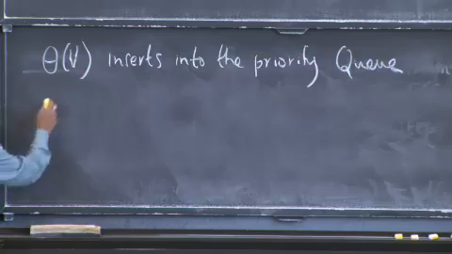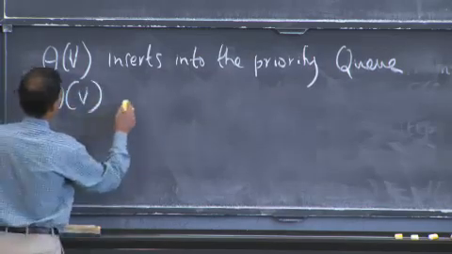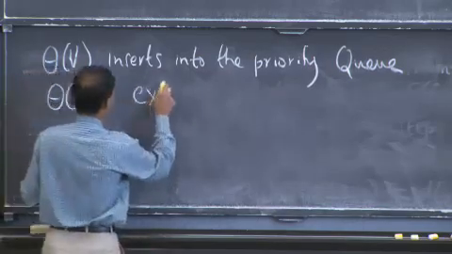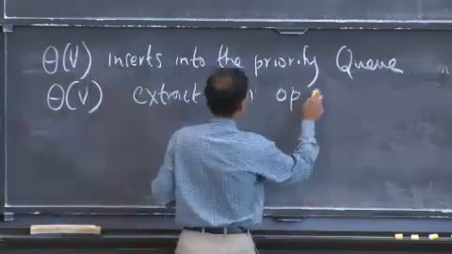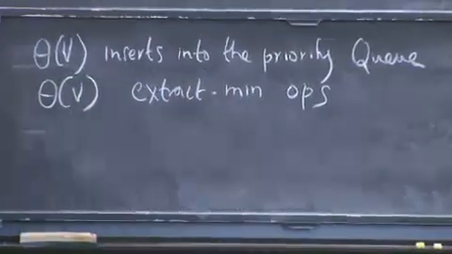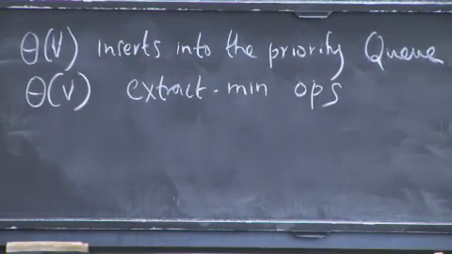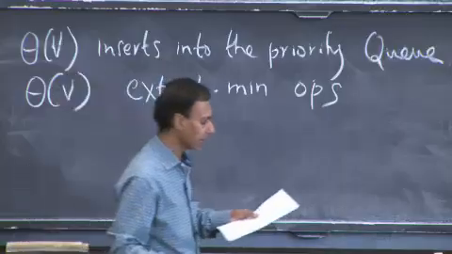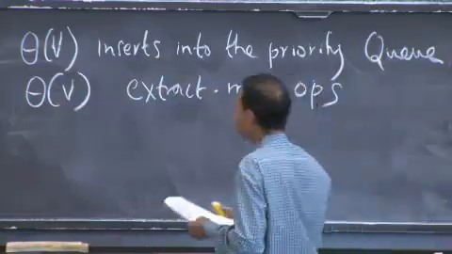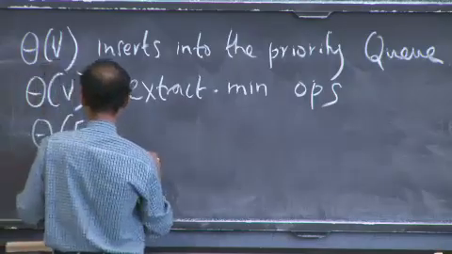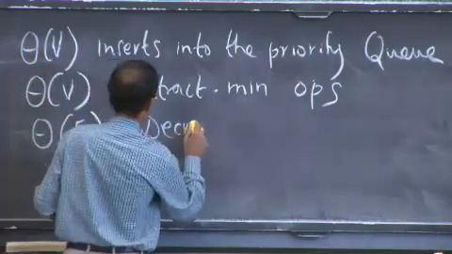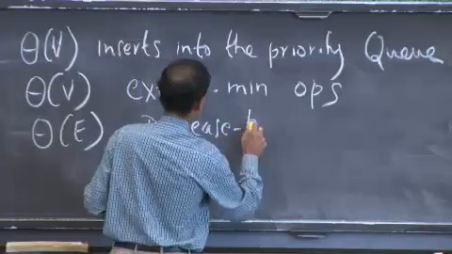I got theta V extract min operations. I'm only going to delete a vertex once, process a vertex once, and that's why I have theta V extract operations. And I have theta E decrease key or update key operations.